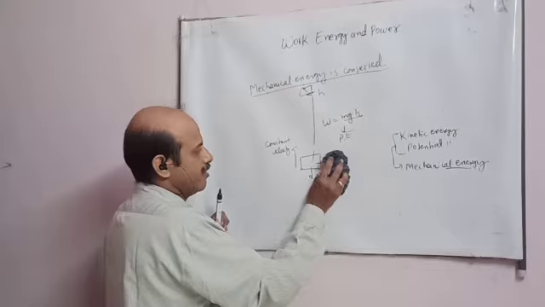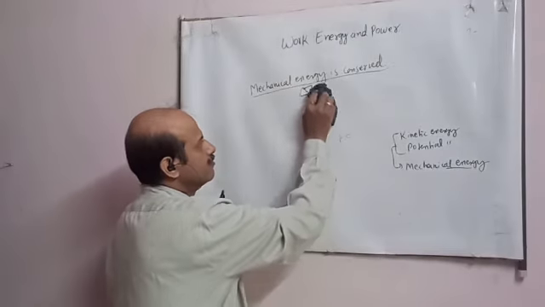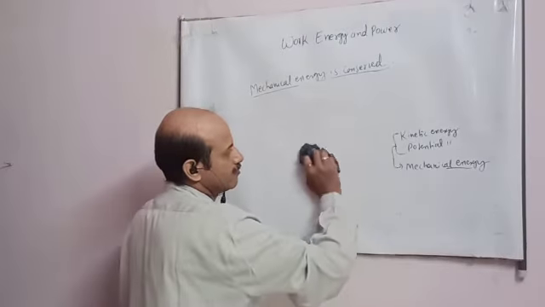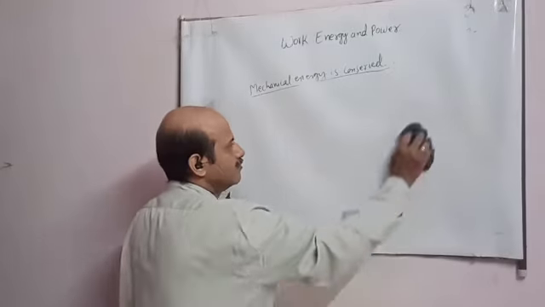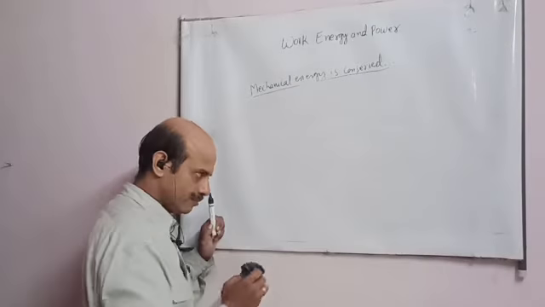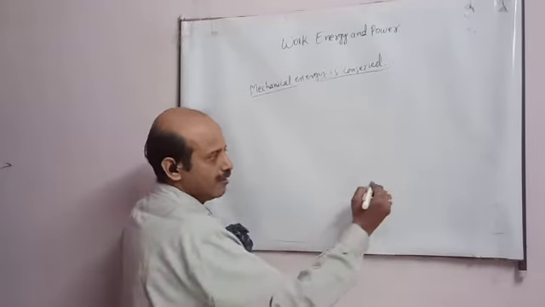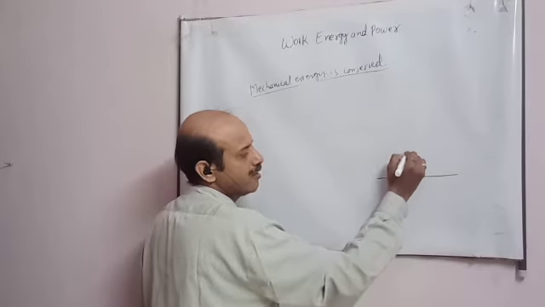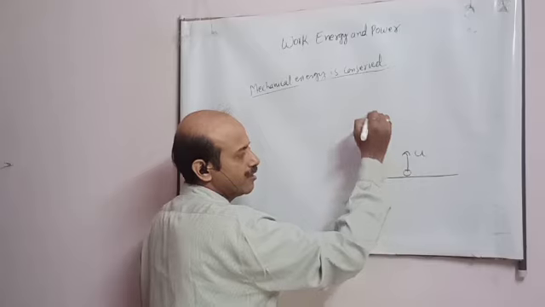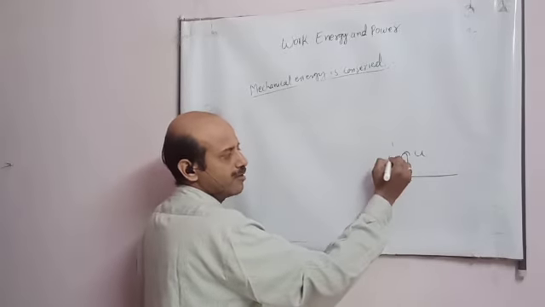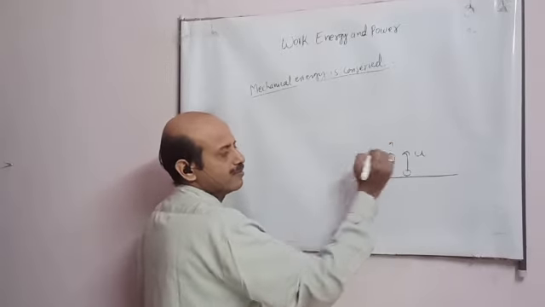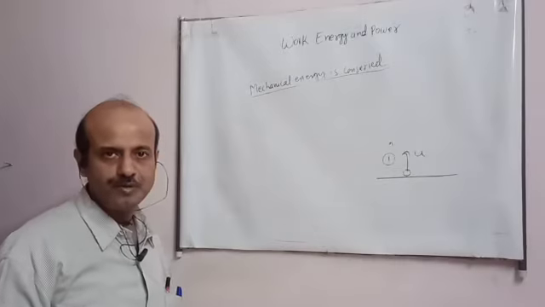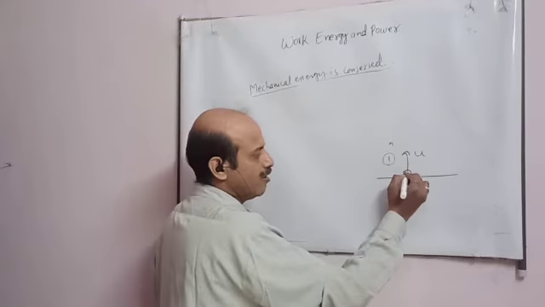Now suppose, student, this is the ground. I am throwing a ball with velocity u in the upward direction. Position 1. I have thrown it, student, with velocity u. Ball of mass m.